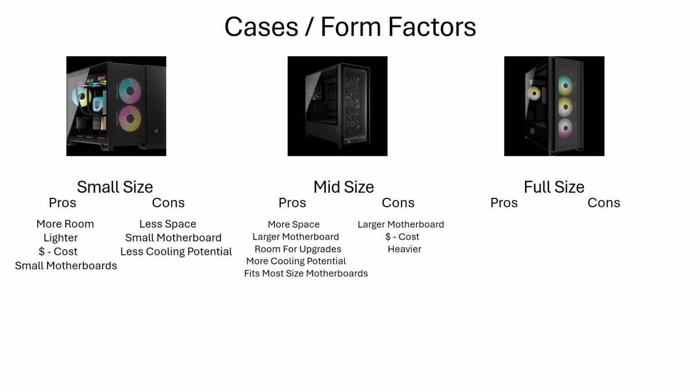A larger motherboard gives you more PCIe slots, and when I get to the motherboard video, I'll explain what PCIe is. It gives you more potential for SSD slots, more RAM slots, and all in all, more potential inside the case for cooling and all your other attachments for your motherboard, for whatever you want to use it for.